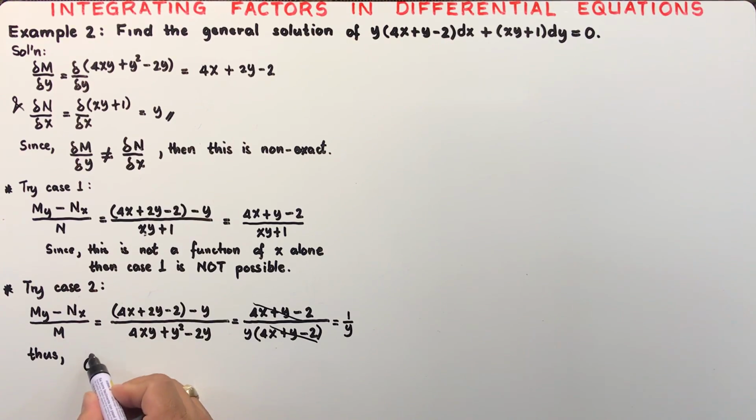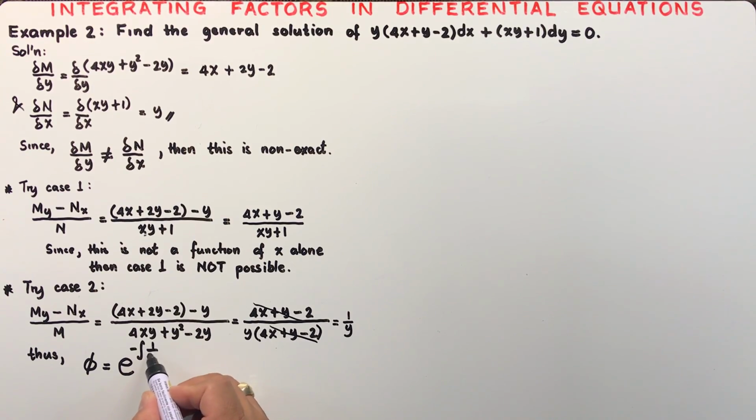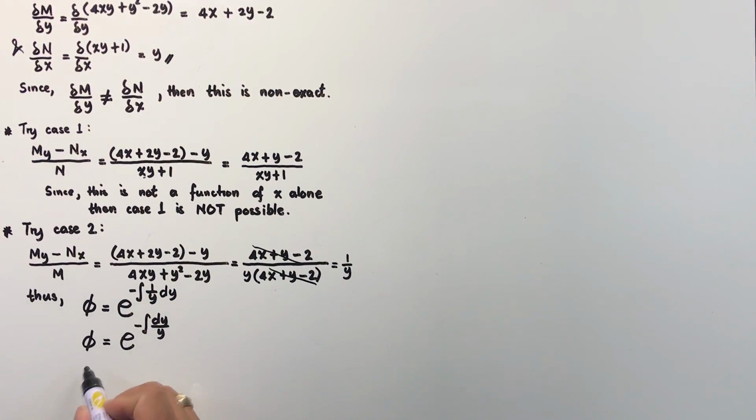So our integrating factor is obtained by raising e to the exponent of the negative of the integral of our function 1 over y, and this is with respect to y. So we have the integrating factor as e to the power of the negative of the integral of dy over y. And we know that the integral of dy over y is the natural log of y.